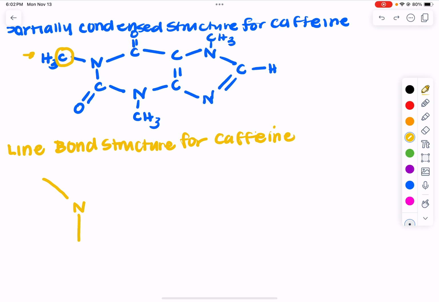As we go, we don't have to draw the C. We can automatically put a double bond to the O, another bond to the N. We can do the same thing up here: double bond to the O, single bond, and we can stop there for now.